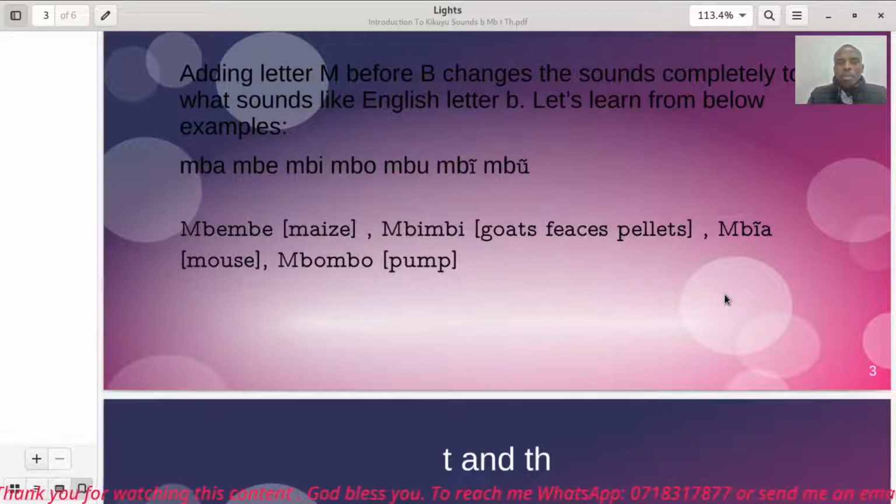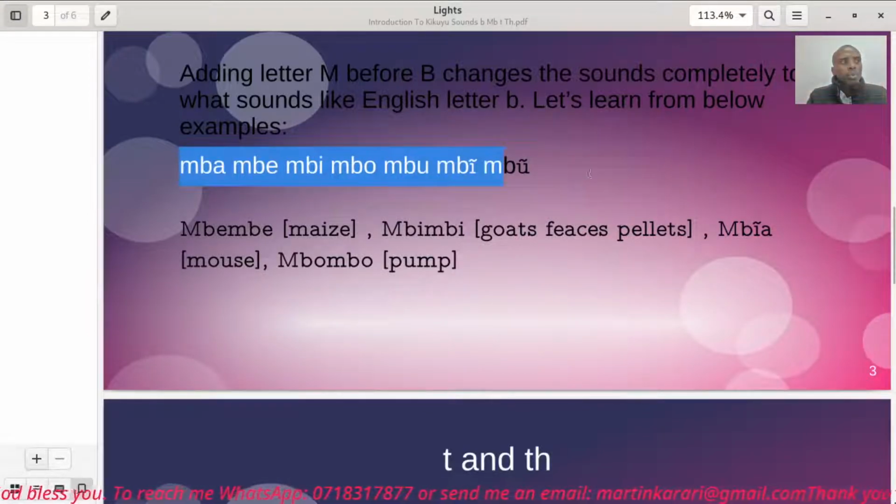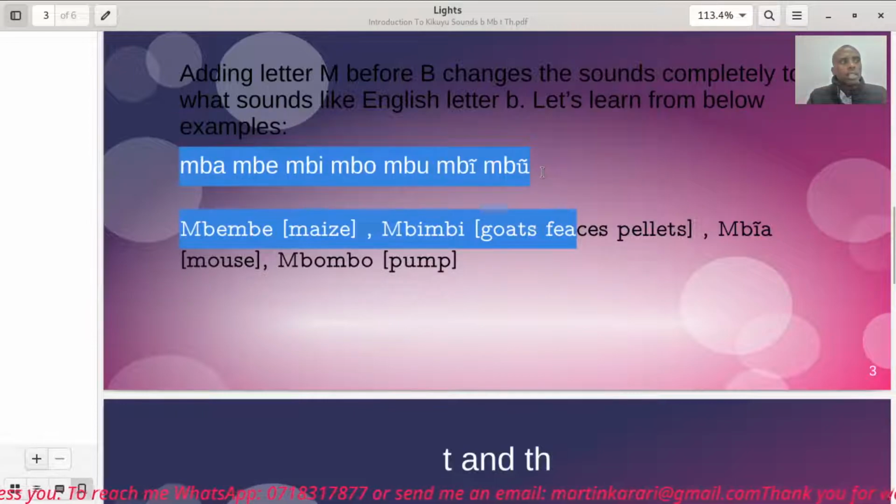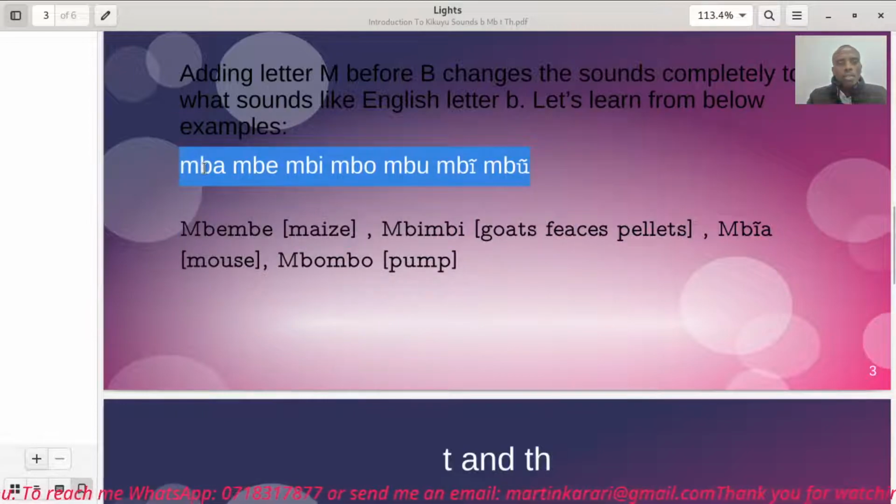Adding letter M before B changes the sound completely to what sounds like the English letter B. Let's make these examples. We have the first one. Ba, be, bi, bo, bu.